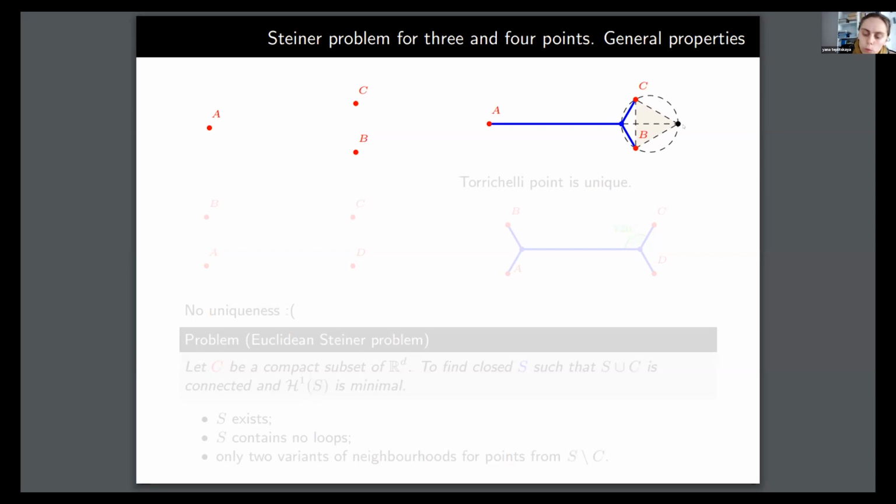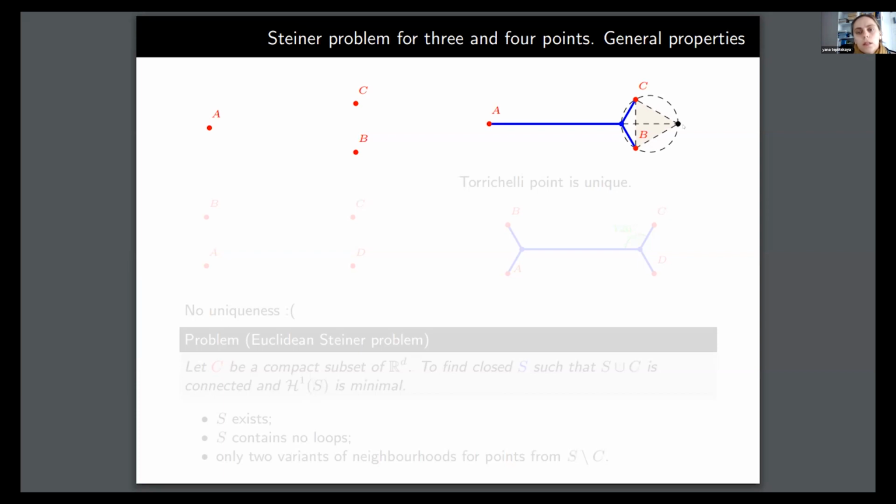The point which we get is named the Torricelli point. It is unique, and it is the same for every pair of points. So if you would take A and B and construct a triangle on A, B, and so on, then you will get the same point. Let's call the Torricelli point F. Then all angles AFC, CFB, and BFA are equal to each other and equal to 2 pi divided by 3.